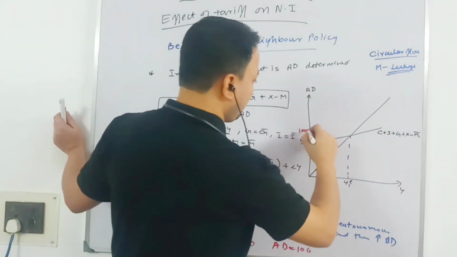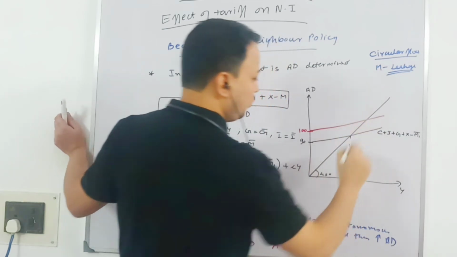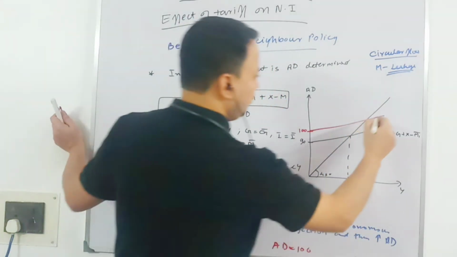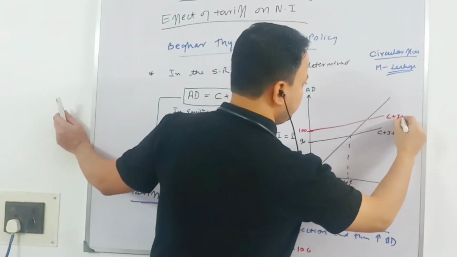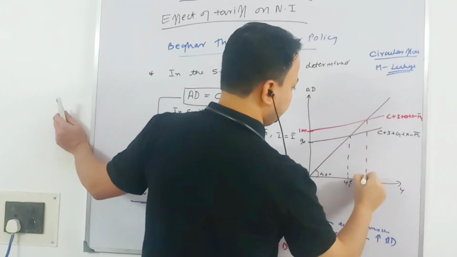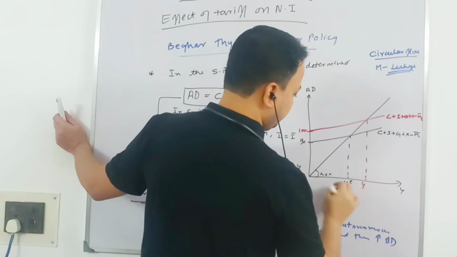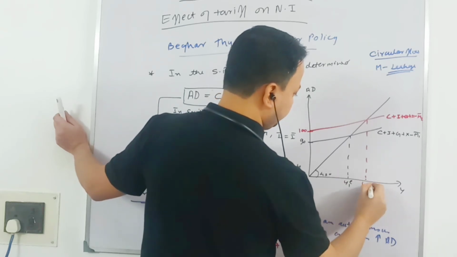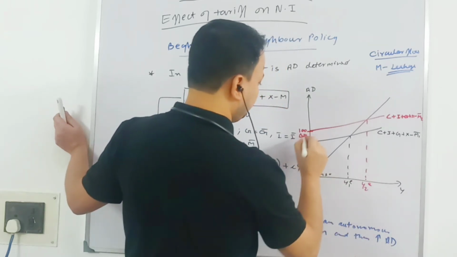With the new intercept of 100, and the slope is small c. You can write this as C plus I plus G plus X minus M bar 2. So national income increases from Y1E to Y2, and this is the change in import.